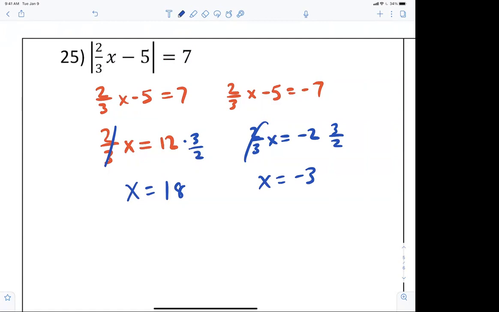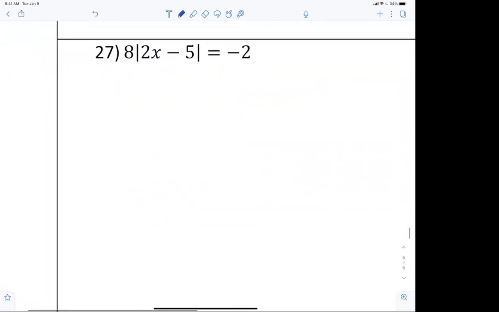So if it's this type of problem, it can't have a solution if it's negative. If what it's equal to is positive, it's going to have solutions. It just can't equal a negative. Okay. All right. So here we go. Next. So now if I divide by 8, does that change the negative? So is there a solution?